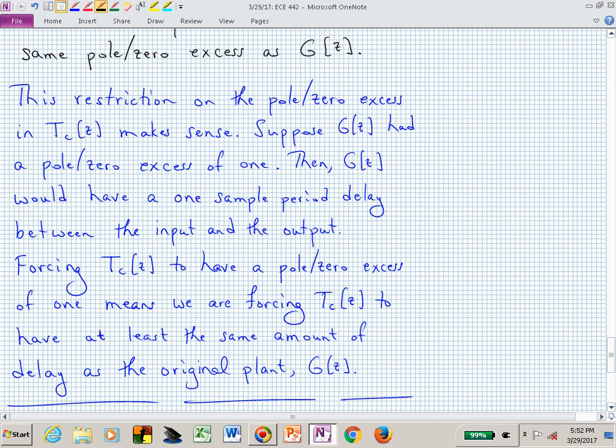And that's really what this restriction is giving us. It's allowing us to preserve this behavior or maintaining this one sample period delay if the pole zero excess is 1 between the input and the output.